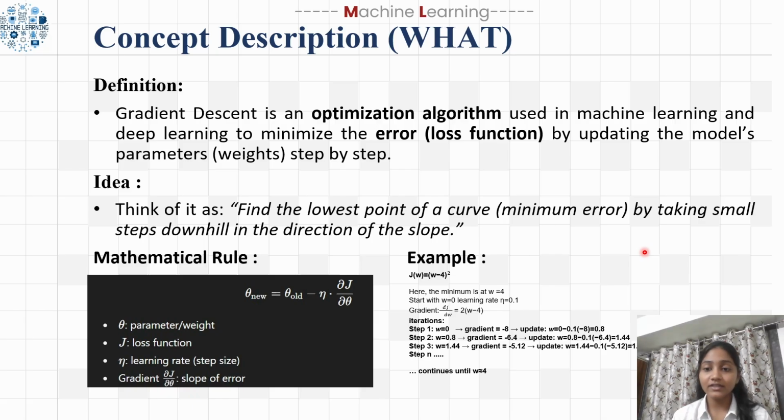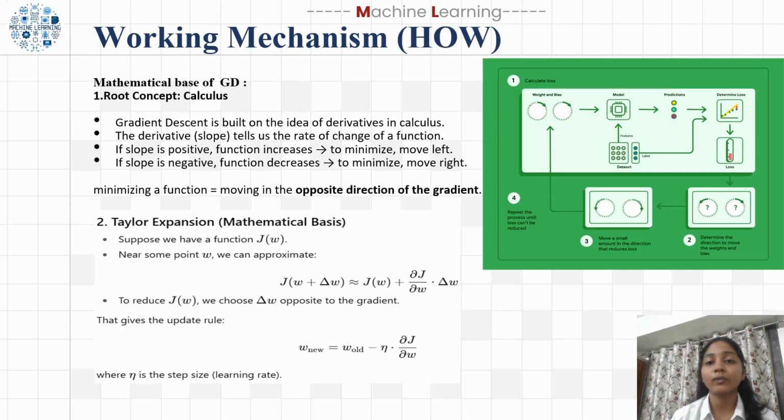Now we will understand the base, where this algorithm came from. The root concept is calculus, because we are taking the derivative. Gradient descent is built on the idea of derivatives in calculus.